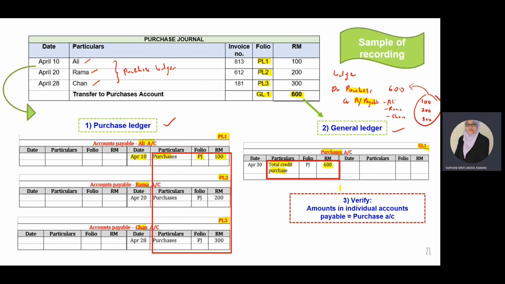So at the end, you will verify that the total in the purchases account debit side is tied back with the total in the purchases ledger in the individual supplier account as follow. Okay, debit 600 ringgit and credit 600 ringgit also. But the 600 has been divided according to the name of the supplier involved.